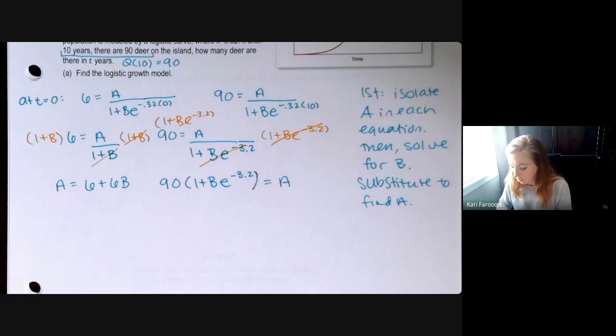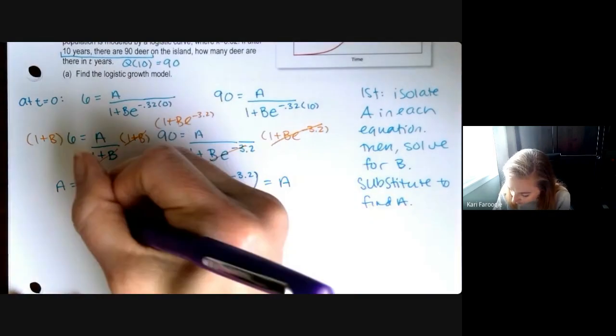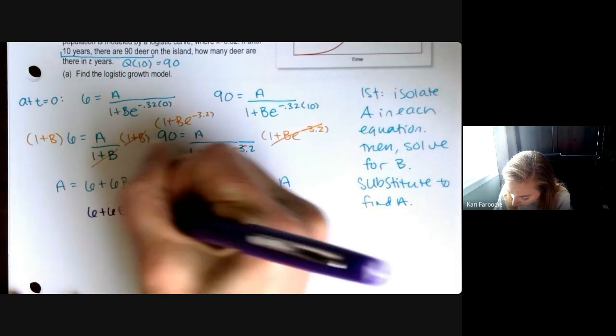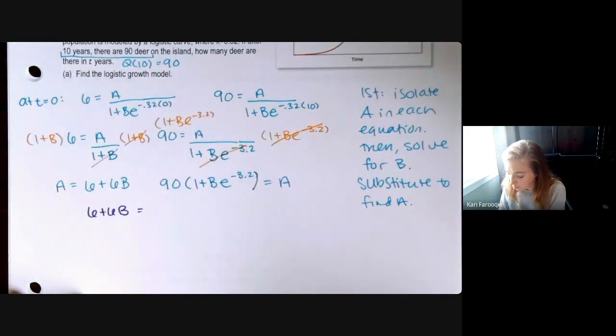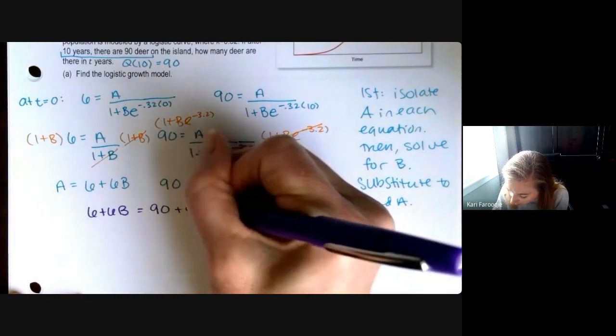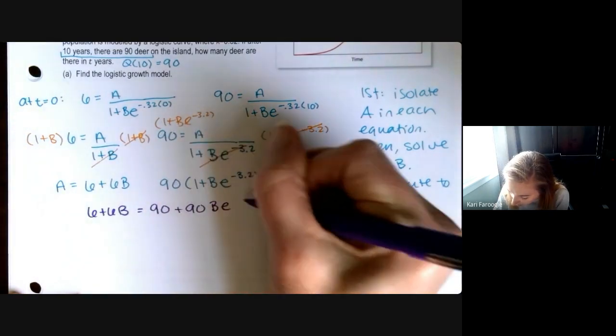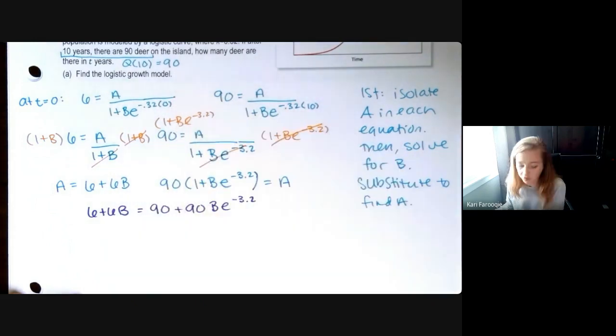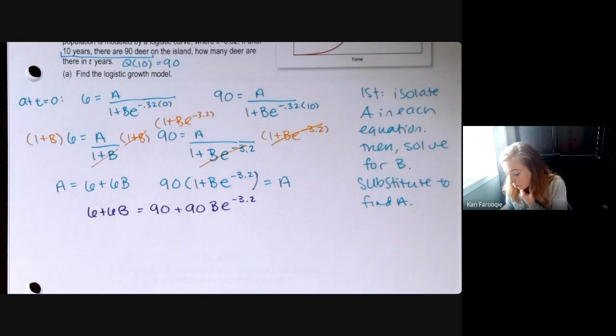All right, so we're going to take our 6 plus 6b and set it equal to the right-hand side. I'm going to go ahead and distribute. So 90 plus 90be to the negative 3.2. And then we're going to just solve for b. So in order to do that, we want to get all the b's on one side of the equation.